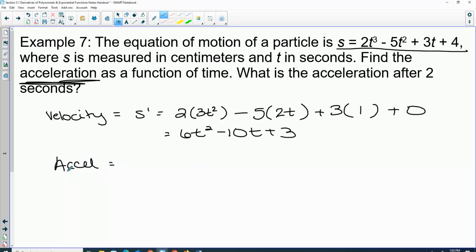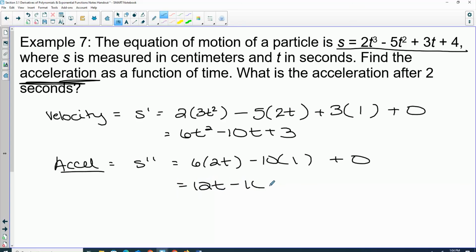So acceleration, second derivative. We need the derivative of that answer. So we have 6 times, what's the derivative of t squared? Minus 10 times, what's the derivative of t? Plus, what's the derivative of 3? So we get 12t minus 10 for our acceleration equation.